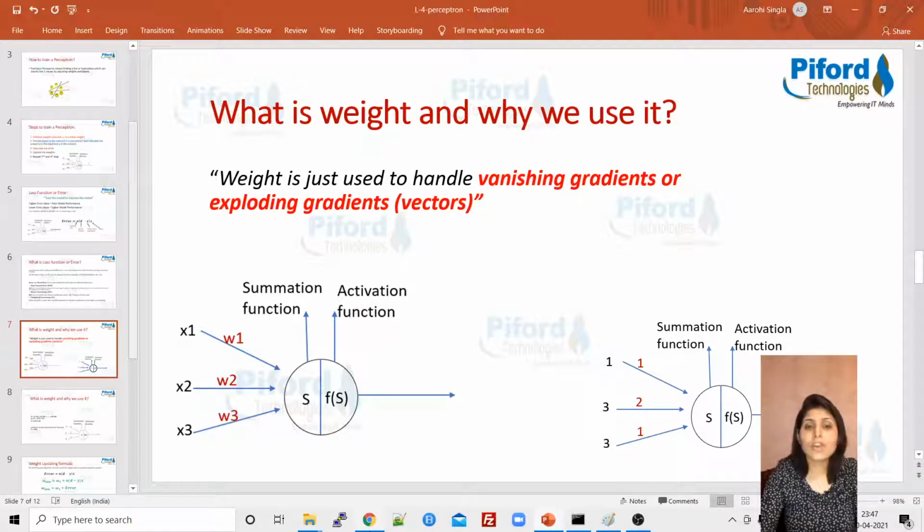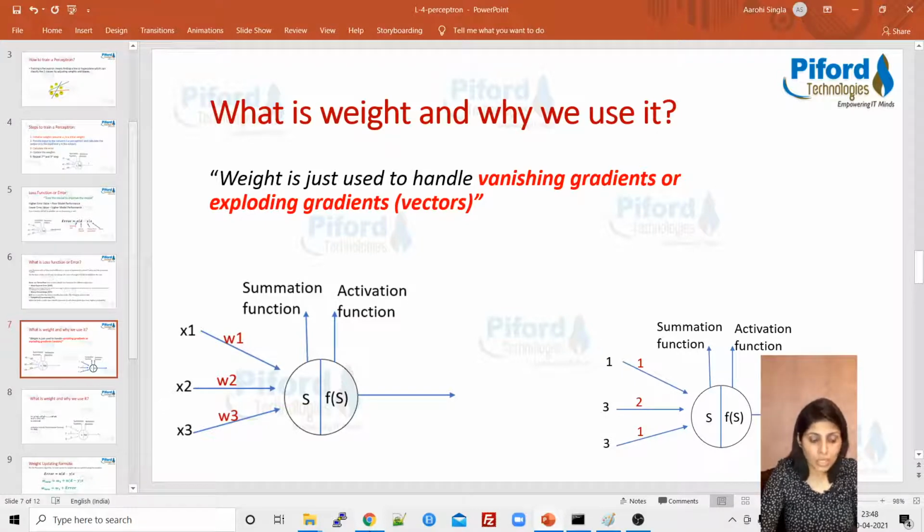If you are not familiar with what vanishing gradient and exploding gradient are, in my next classes I will have one whole lecture which will explain them properly. Today I'll just give you a brief idea, because we are using weights to solve the problem of vanishing and exploding gradients.